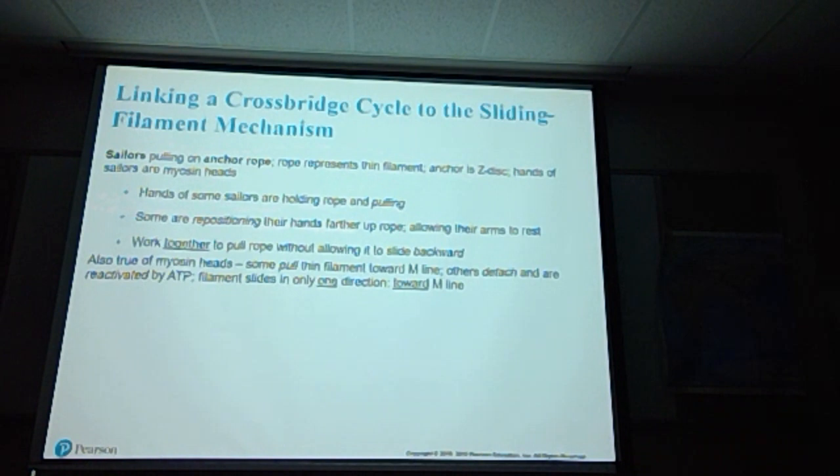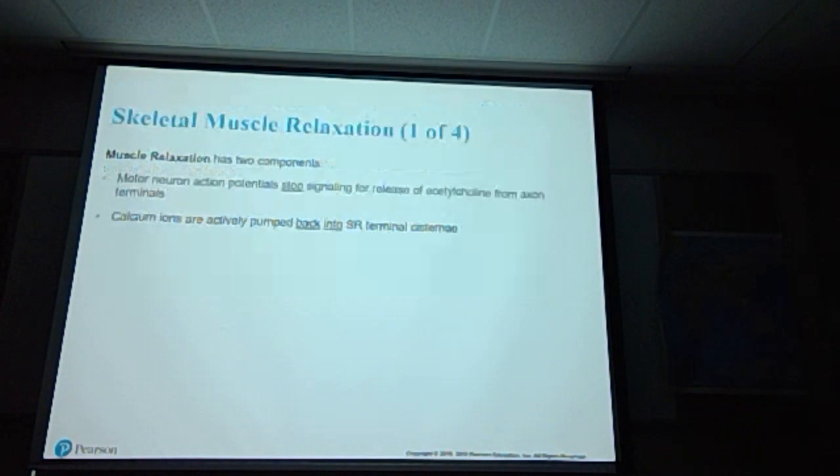Some are repositioning their hands farther up the rope, allowing their arms to rest. They work together to pull the rope without allowing it to slide backwards. It's also true of myosin heads. Some pull the thin filaments toward the M line, others detach and are reactivated by ATP. Filament slides in only one direction toward the M line.